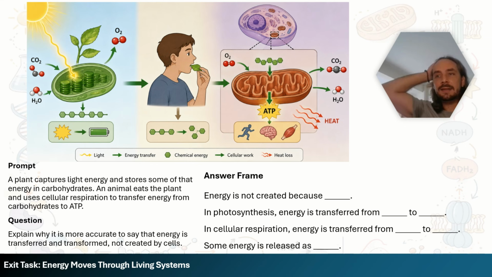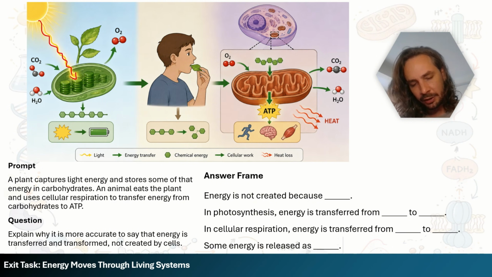And then finally, this is your exit task, and this is just to see if you fully understand the main objective of the lesson. So here, a plant captures light energy, and stores some of that energy in carbohydrates.